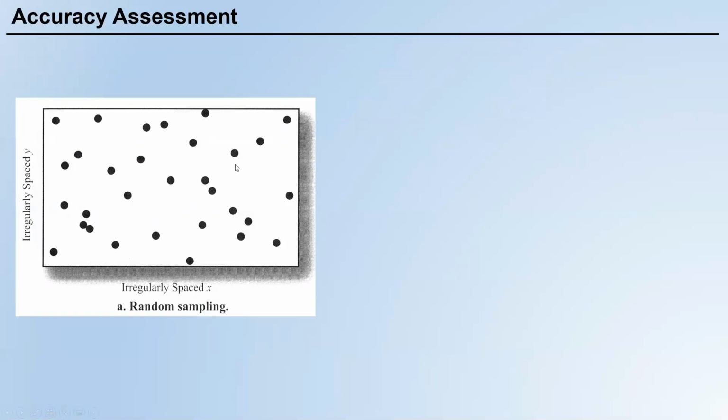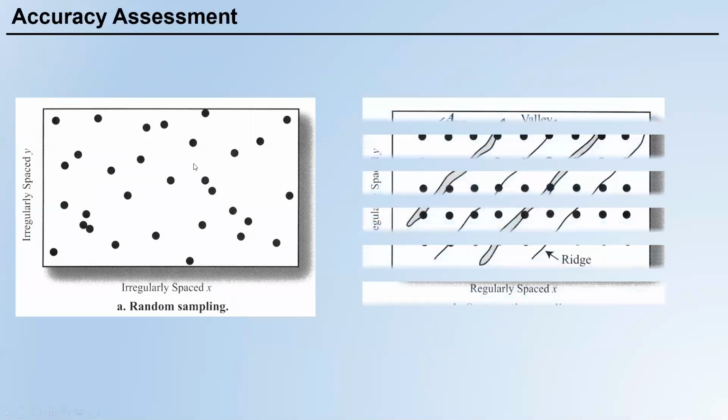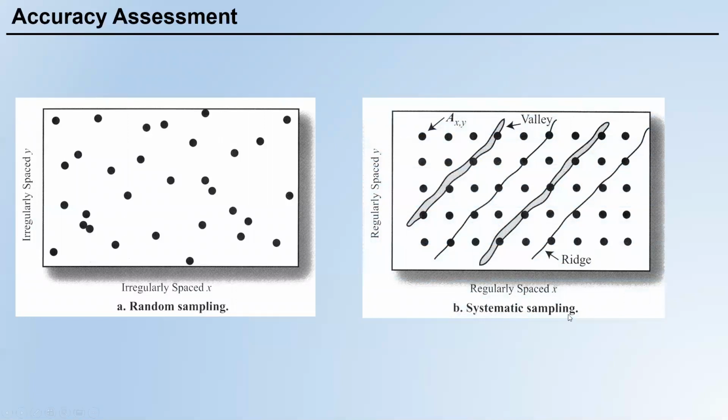So this is random sampling. That's it. Randomly generate some x values and some y values and just combine them. You have a bunch of pairs of coordinates, right? And you have those sample points. And then we have something called systematic sampling, which means that we regularly deploy sample points across the whole area. In this image, we have valleys and ranges, so obviously it's a mountainous area, but we don't do random sampling anymore.